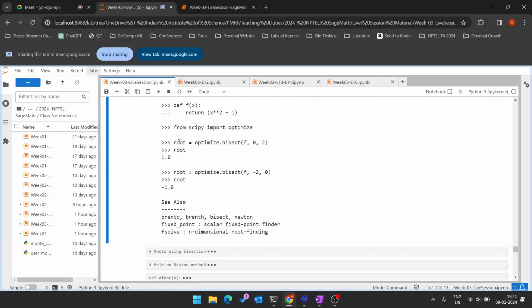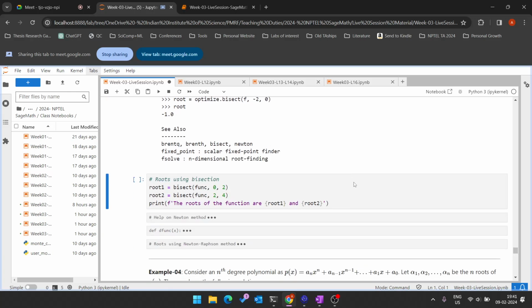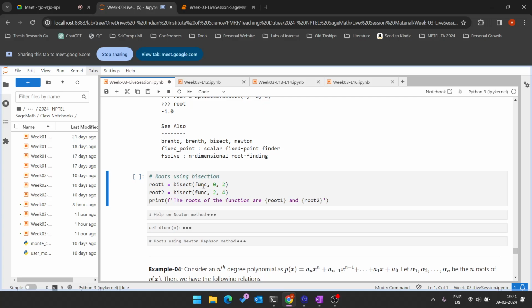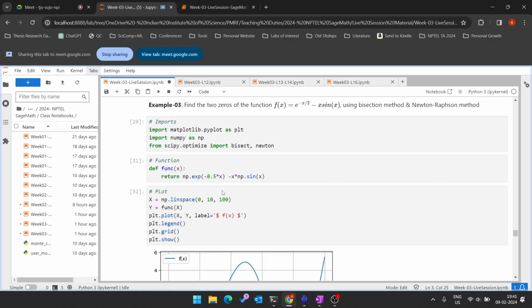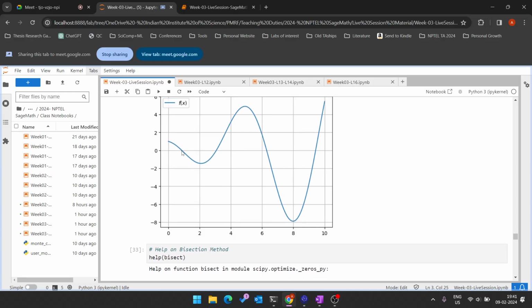And to use it, it's very straightforward. We use optimize.bisect with f between a and b. So if I want to obtain my roots, I know one root lies between 0 and 2. I know another root lies between 2 and 4. You can see this from the graph again. There is a root somewhere around 0.9, and there is another root somewhere around 3.1.